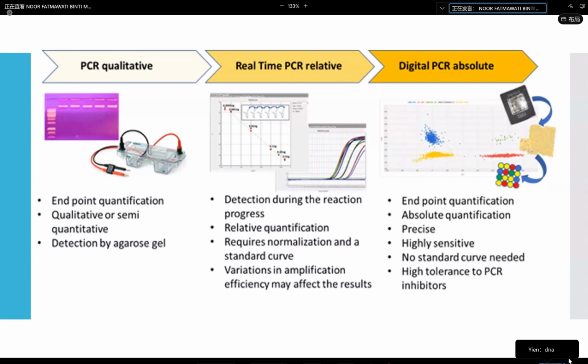It could be a fluorescent dye, or it could be a specific fluorophore attached to your probe. And that combination, the probe works together with your primer. It's a probe-primer combination, TaqMan. Okay? So earlier, in the first version of real-time PCR, we used ethidium bromide.